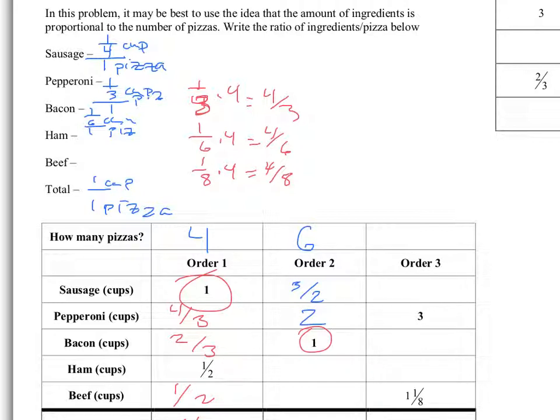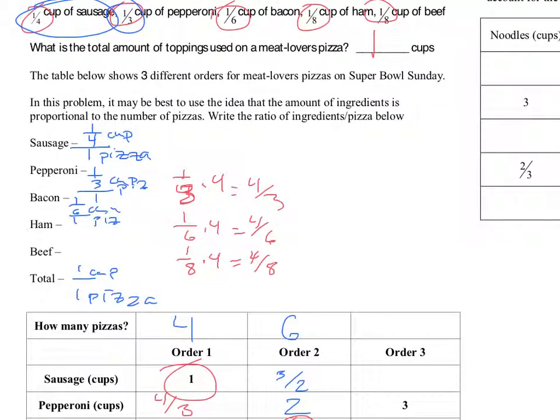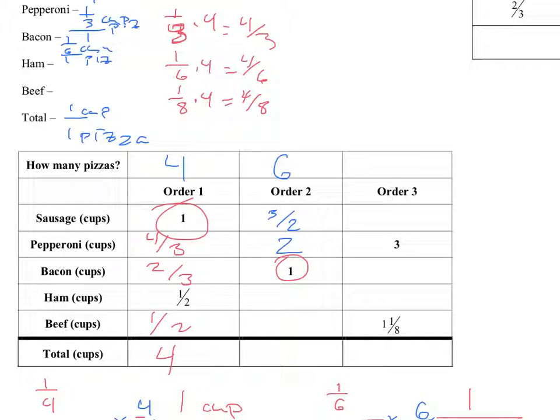Coming down to the ham is 1/8 times 6. That would be 6 over 8, which is 3/4. And the beef is the same, 3/4. And the total, since there's 1 cup to 1 pizza, is going to be 6.